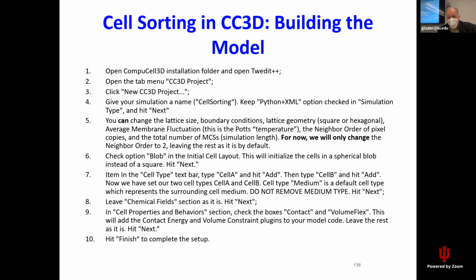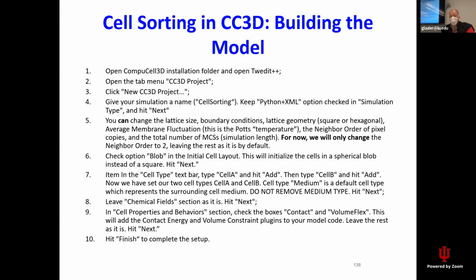Okay. And then the blob is just, you're meaning it's in an amorphous shape or something. Not a computer science term. So the blob initializer versus uniform initializer, as I mentioned earlier in the class, CompuCell doesn't give you a lot of built-in functions for creating initial conditions. Essentially, our two choices are to draw a circle or to draw a square. And we can fill that circle or square with either a single cell type or a random mixture of two or more cell types.